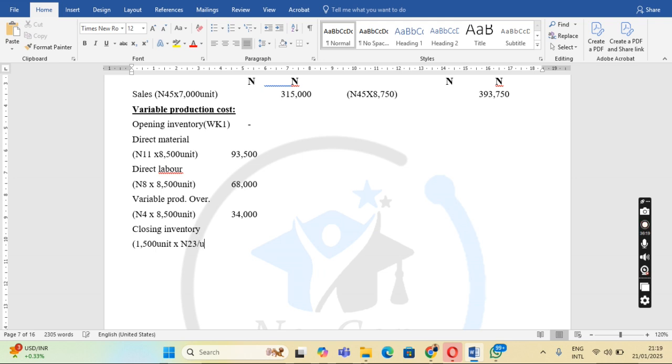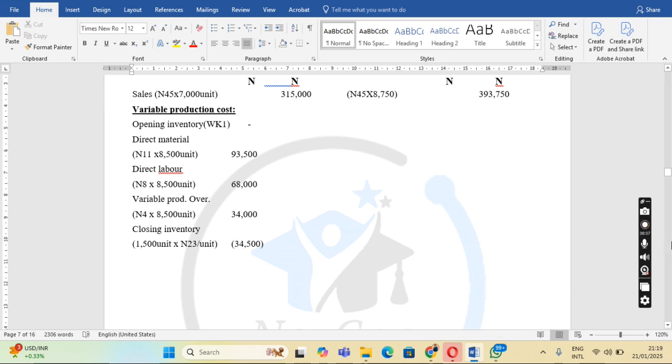It gives you a value. So what is the figure? 34,500. Okay, 34,500. Don't forget that it is closing inventory, so it will be in the jacket. So you wear jacket too.